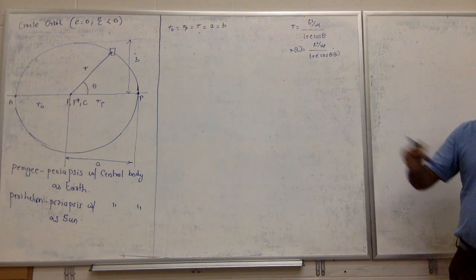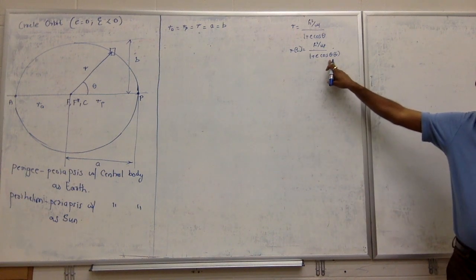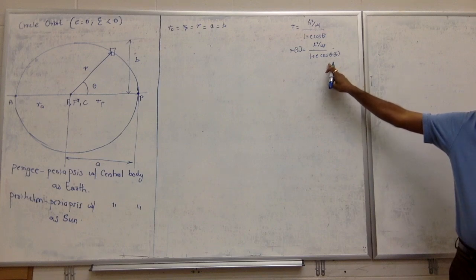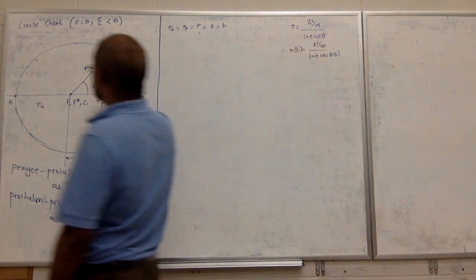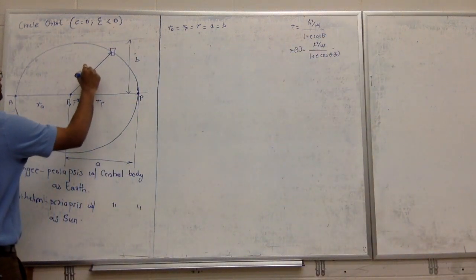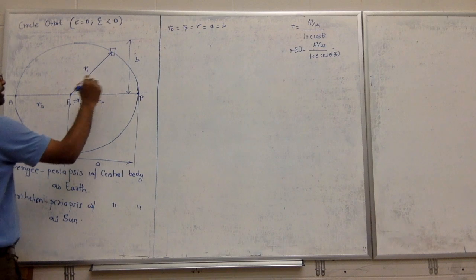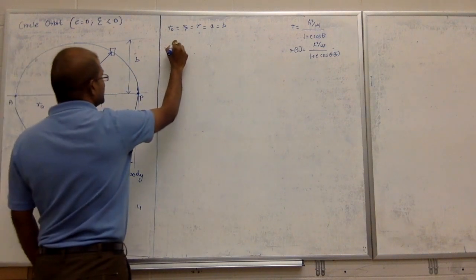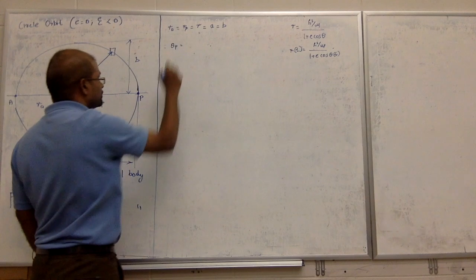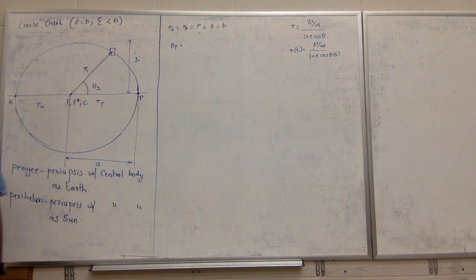You got it? Okay? Keep this in mind. Always. So if this is r1, this would be θ1. What is θ_P? For a circle it should not be 0.